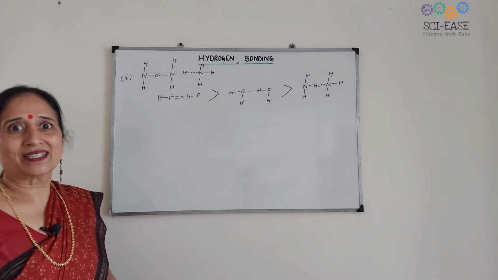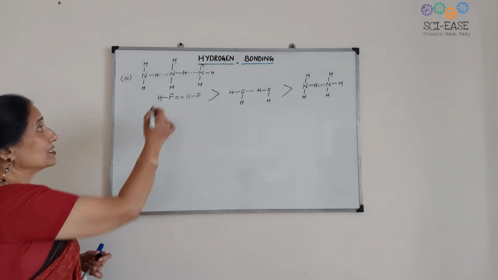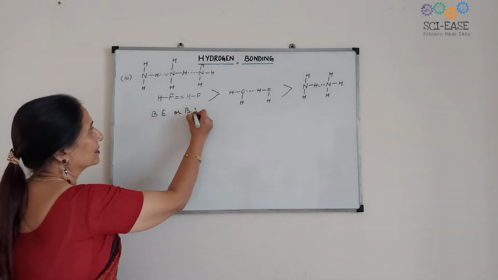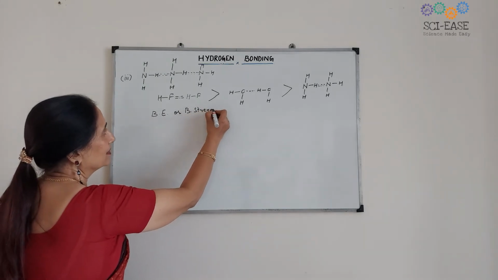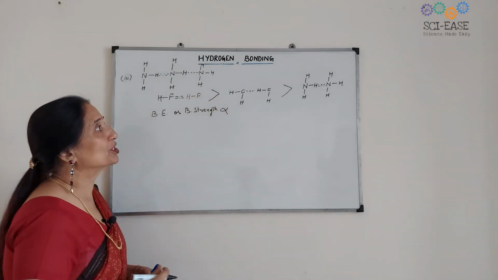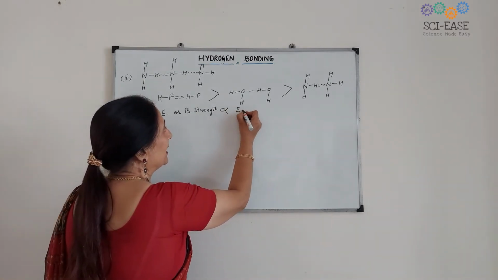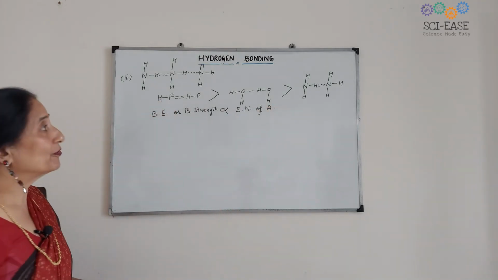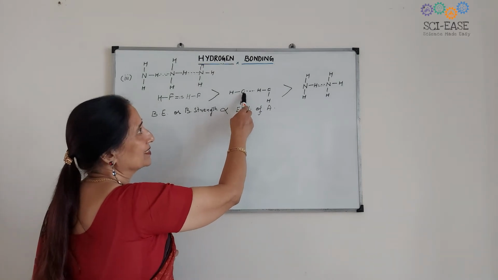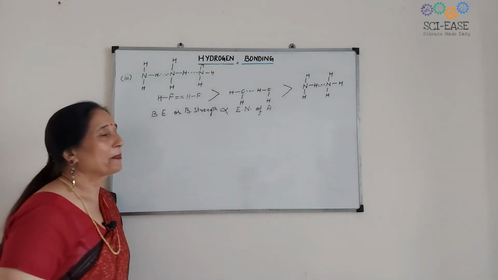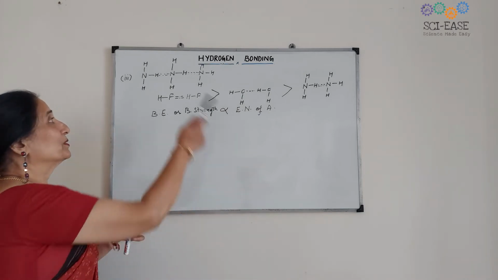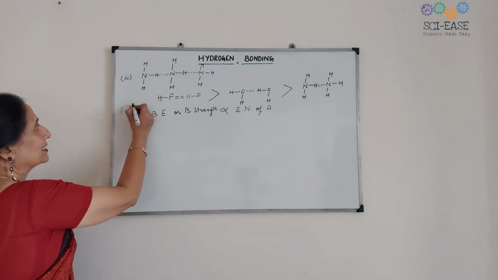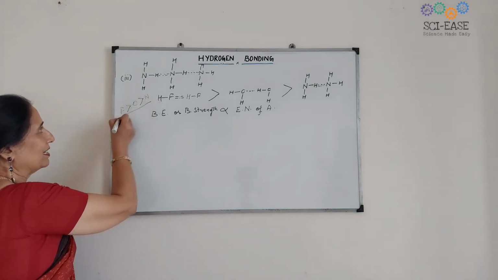Why this sequence? Because the bond energy, or you can say bond strength, is directly proportional to the electronegativity of A. Here A is fluorine, here A is oxygen, and here A is nitrogen. The electronegativity of fluorine is greater than oxygen, which is greater than nitrogen, that I have told you.